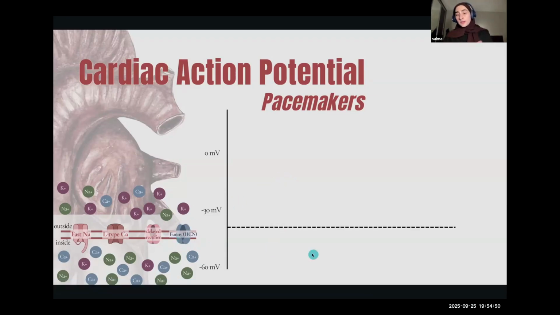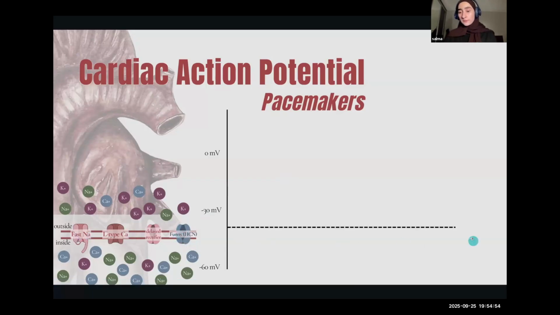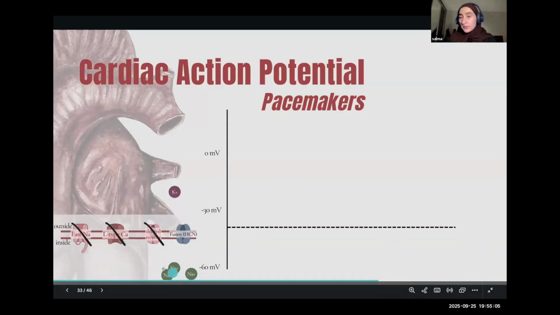Basically, at rest, all of your channels are blocked except for your funny channel. Okay? What your funny channel does is it causes a constant depolarization. As you can see here, you have sodium coming in. Obviously, you have potassium leaving, but you have more sodium coming in than potassium leaving. Okay?